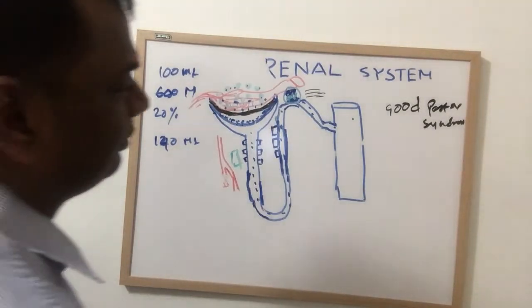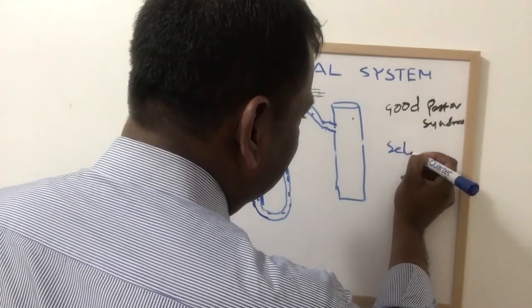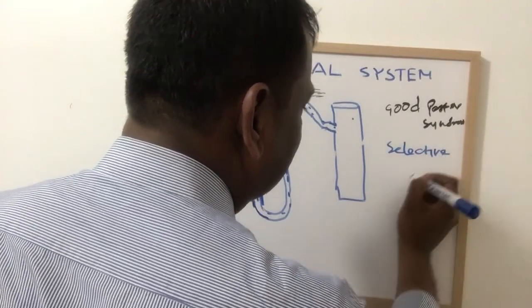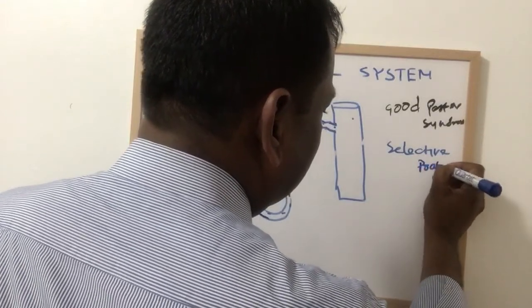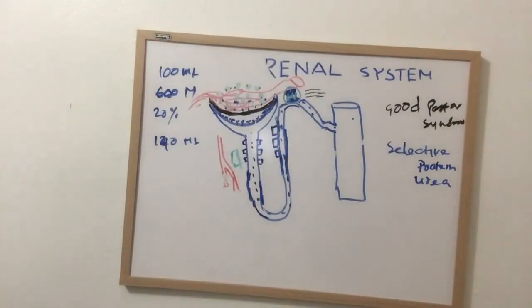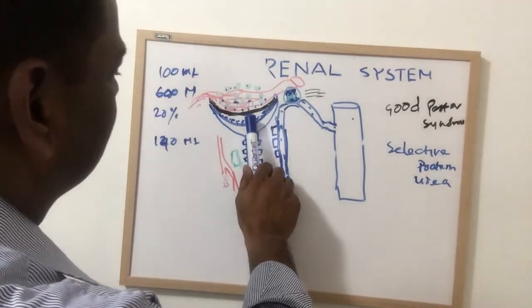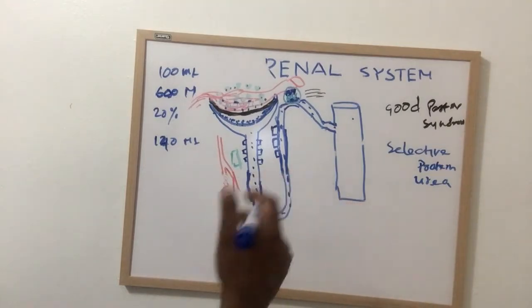It has a pathological name, called selective proteinuria. Then if there is more injury and the pores become bigger, globulin can also come through.